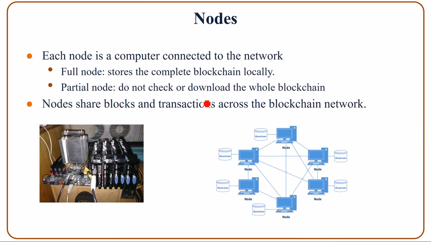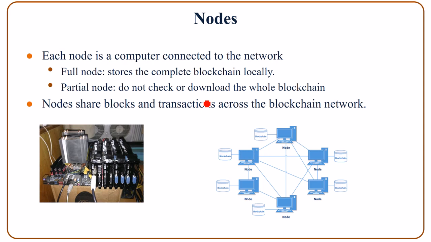Talking about nodes in a blockchain network, there are full nodes that store the complete blockchain locally. The full nodes are able to verify all the transactions since the beginning of the blockchain. The partial nodes store part of the blockchain infrastructure, but not necessarily to be a miner.